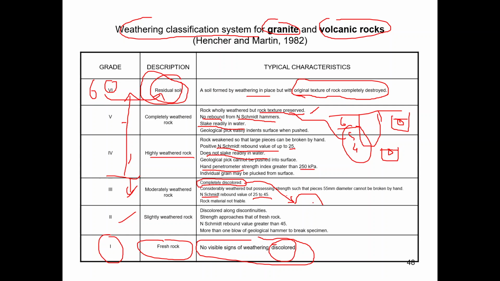Oxidation happens. If you have slightly weathered rock, grade 2, it is only discolored along the discontinuities. This means that in the rock mass only the area along the discontinuity is weathered, with the color changing to yellow or brown, and the middle still remains fresh. The rebound hammer is greater than 45.